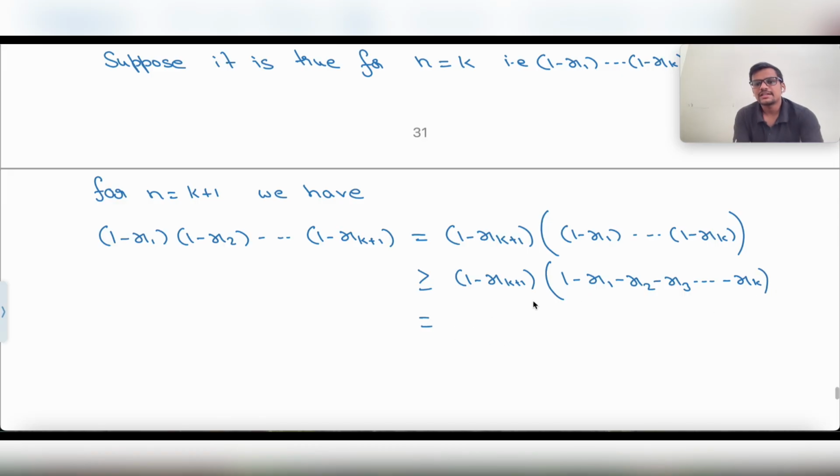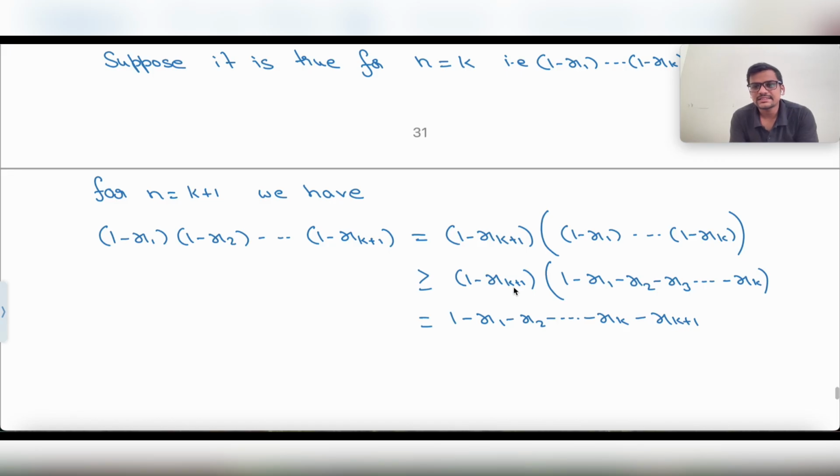Now see, if you multiply these two factors, then 1 will be multiplied with each of these terms, so you will get 1 minus x1 minus x2 minus up to minus xk. And when this minus xk plus 1 is multiplied with 1, then you will get minus xk plus 1.